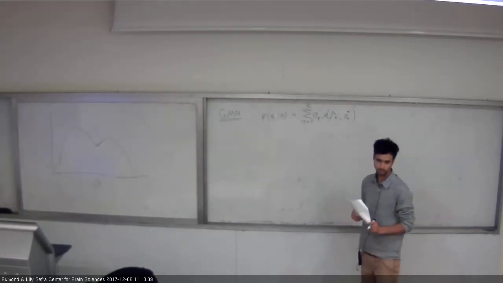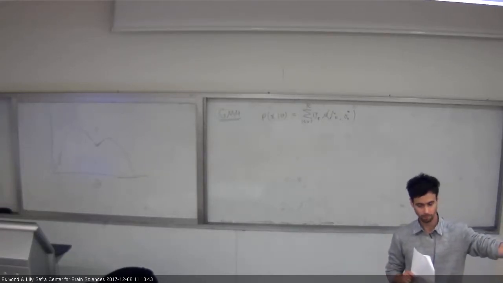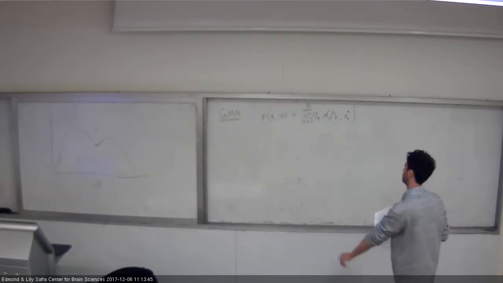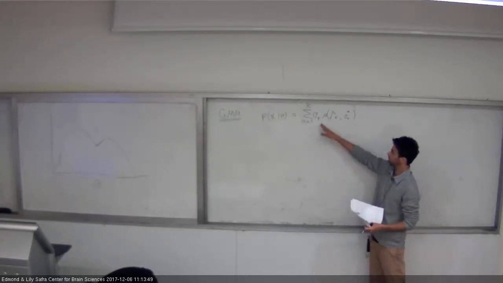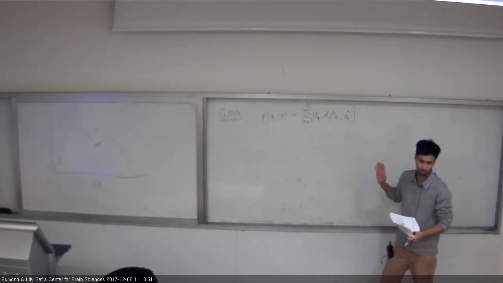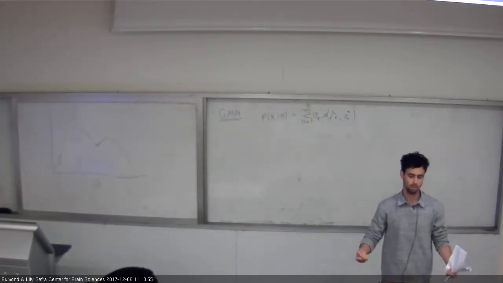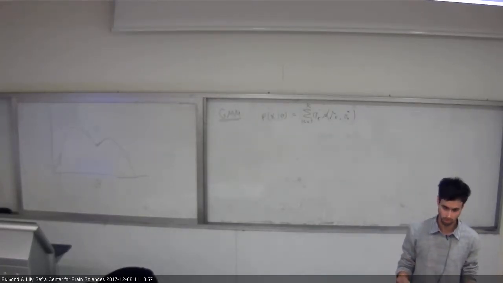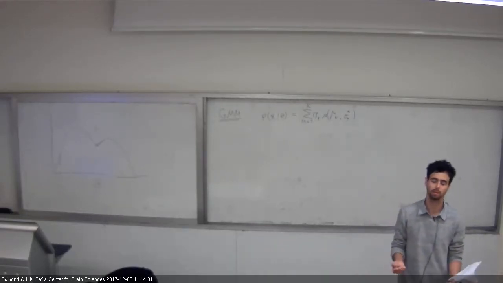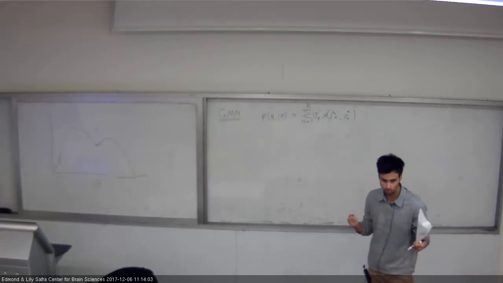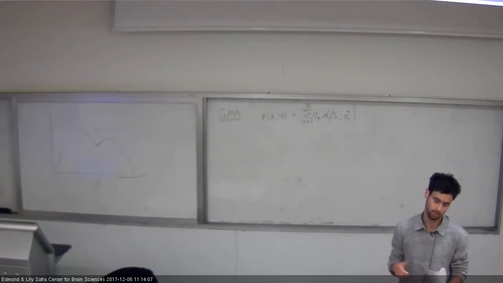So again, think of it: we first sample some z from this distribution. Everything here is given theta. So we first sample z from some distribution, and then we sample x from the distribution of x given z and theta.